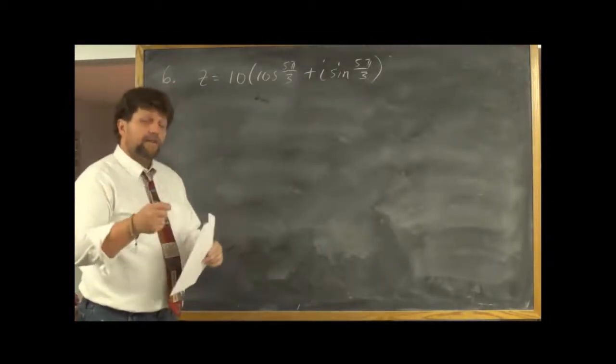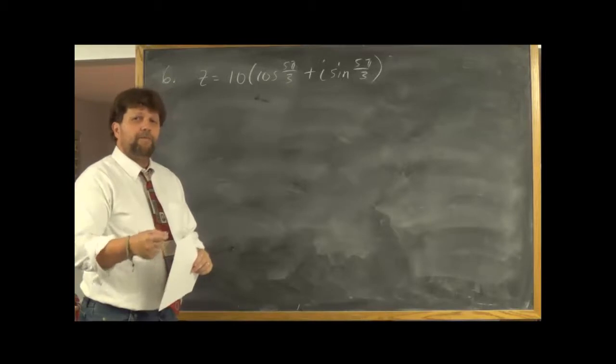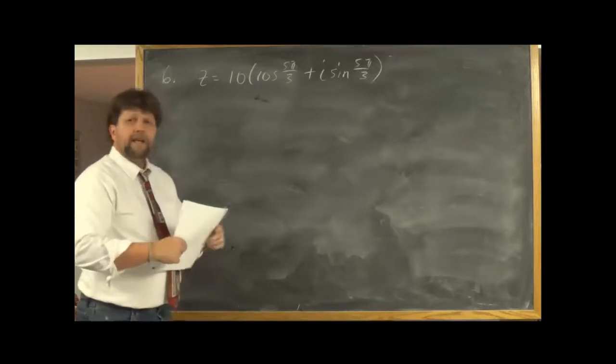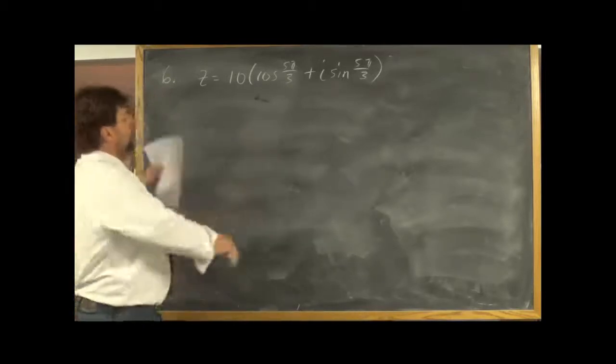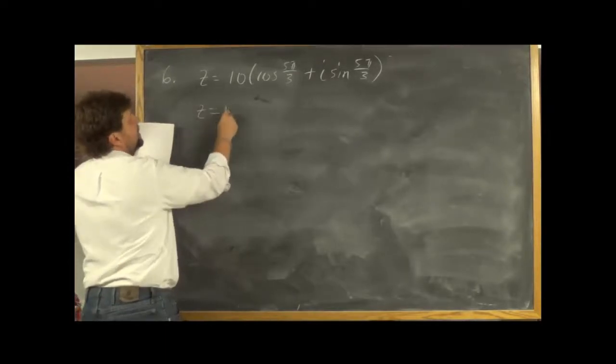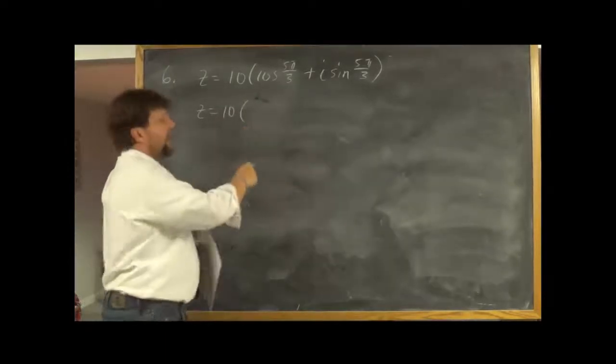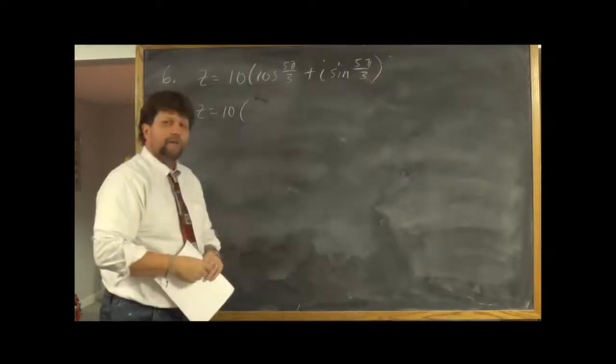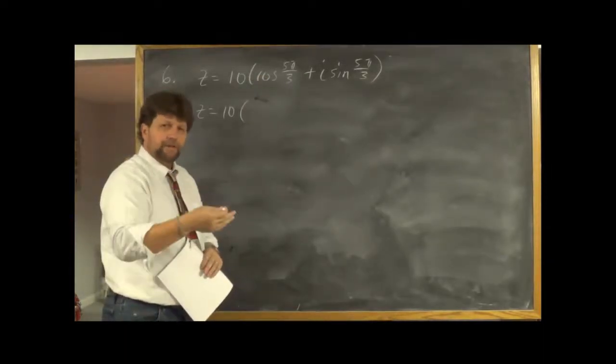This is a pretty straightforward problem to do. In fact, it's almost like a Nike problem. You just do it. Just write down what the cosine of 5 pi over 3 is. That goes back to your unit circle.